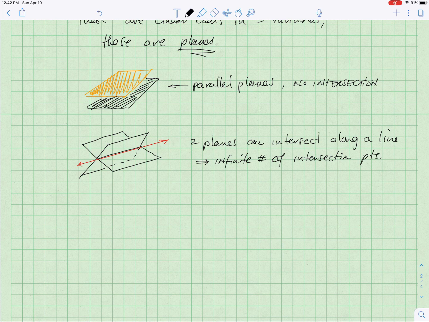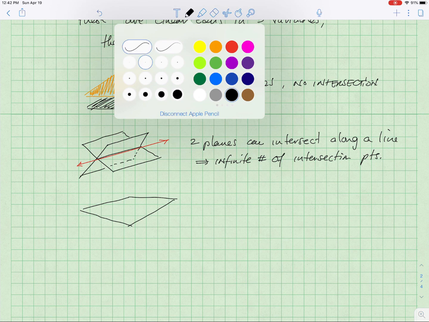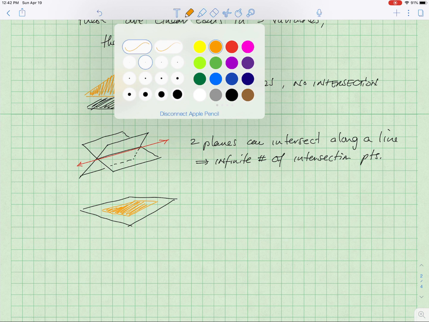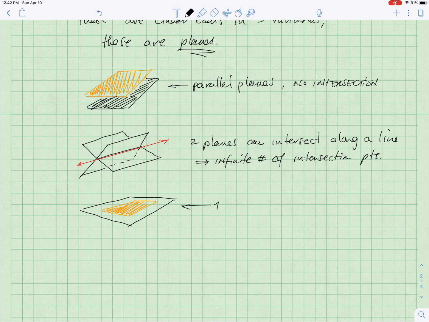There's another way that you could have an infinite number of solutions here. This one's going to be a little bit harder for me to draw. Let's see. Here's my plane. And I'm going to draw this other one that lies right inside of it. So this is one plane, quote unquote, inside another.